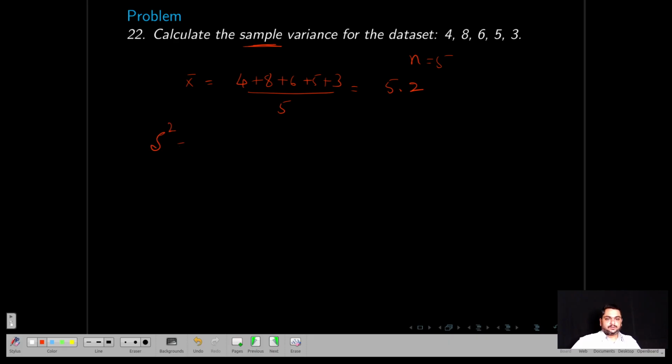Now how will you find s square? s square is equal to 1 by n minus 1, summation of i equal to 1 to n, xi minus x bar, that is 4 minus 5.2 whole square plus 8 minus 5.2 whole square, and so on. So we will get s square as 3.7.